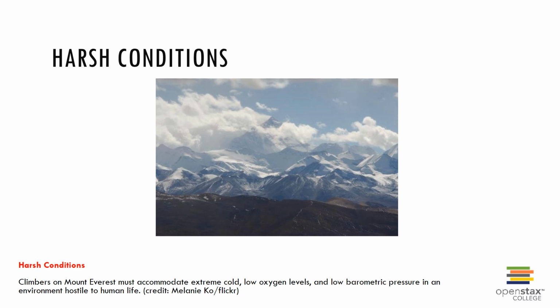So, some examples of these requirements for human life are shown here. Harsh conditions, like the high altitude found on Mount Everest. Climbers have to accommodate extremes in temperature, low oxygen levels, and low barometric pressure, so the body has to adapt, or they must have resources in place in order to survive in those conditions.